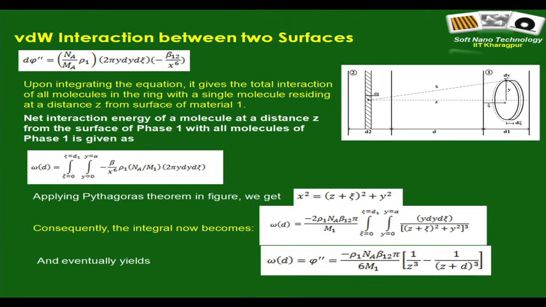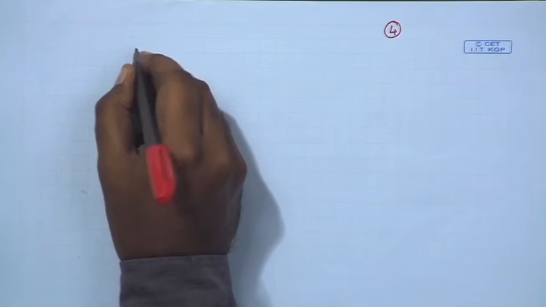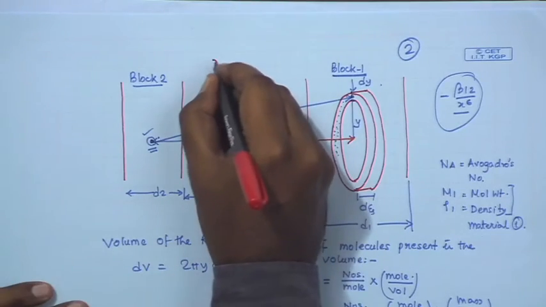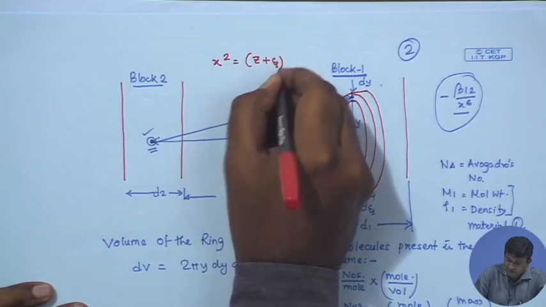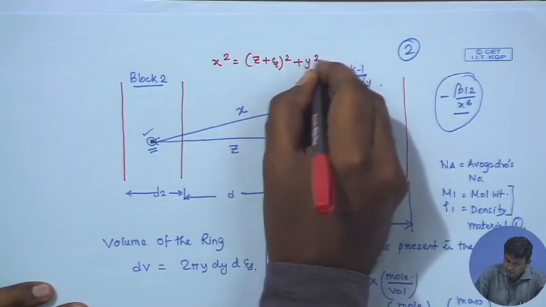I think the detailed steps are given in the PPT, but I will do it in front of your eyes so that you can follow it clearly. All we need to do is to invoke the Pythagorean theorem, where we find based on the geometry that x square is z plus zeta whole square plus y square.